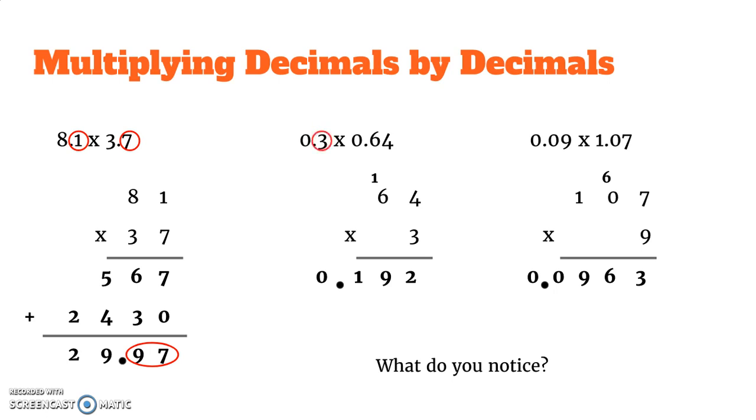In my second problem, I had tenths times hundredths, so 1 number in the first factor, 2 numbers in the second factor, and I ended up with 3 numbers, or thousandths, in my product. And then in the third example, I had 2 numbers, hundredths, behind the decimal in my first factor, and another 2 in the second factor, and I ended up with 4 numbers behind the decimal in my product.